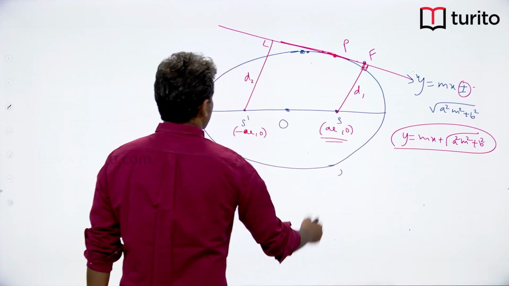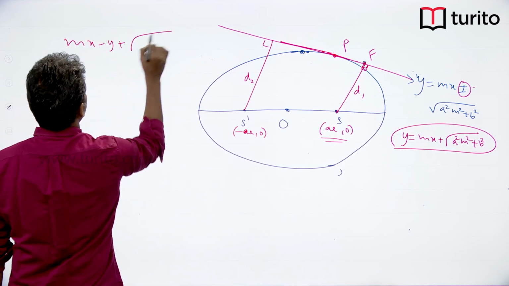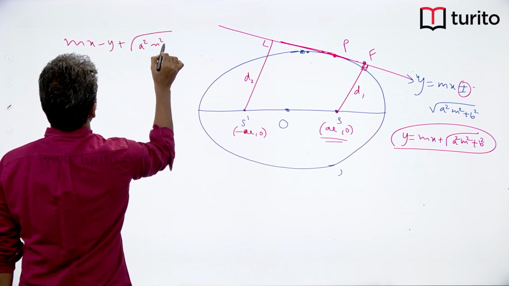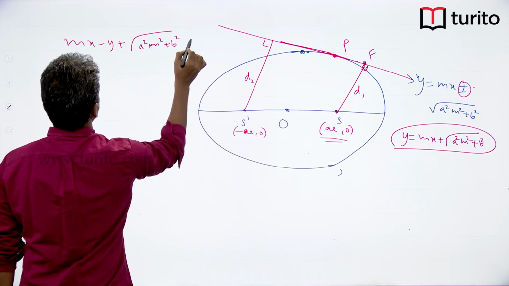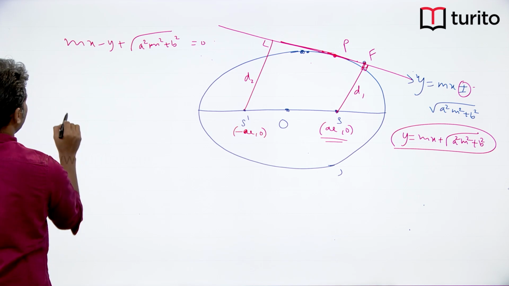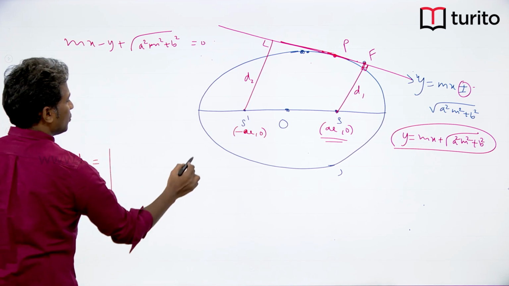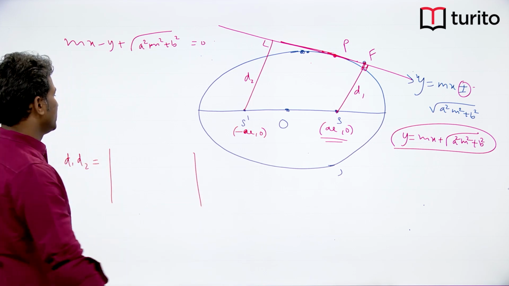So, let us take distance from this point. The tangent can be written this way, mx minus y plus root of a square m square plus b square is equal to 0. Now, my d1 will become, so let me directly write d1 into d2. So, my d1 will become mod of, you know the formula, you know the drill.